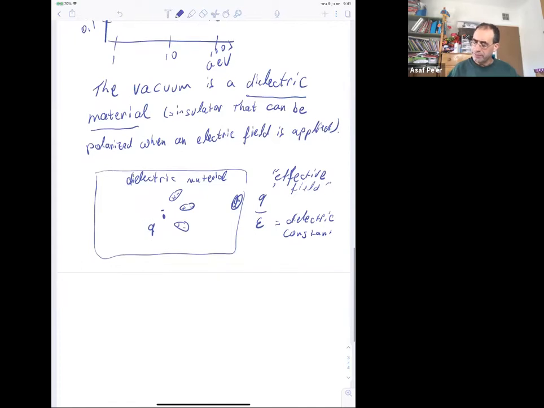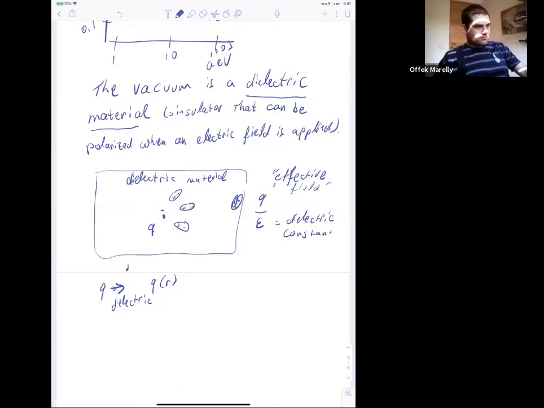So Q becomes, in the dielectric material, Q of R. You are all familiar with dielectric materials from your electromagnetism course, I hope so. Yes, okay, good.